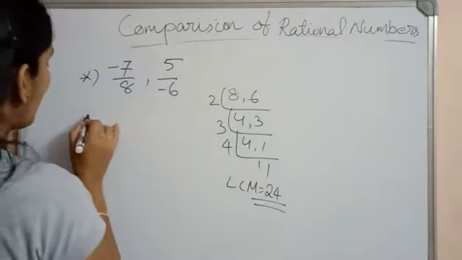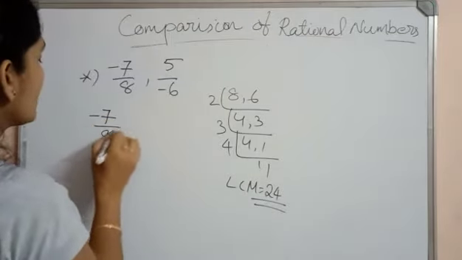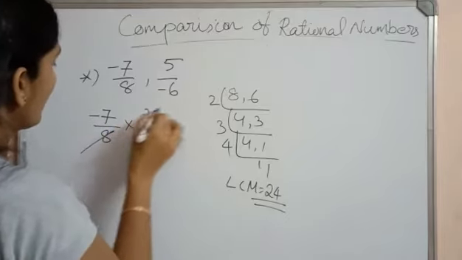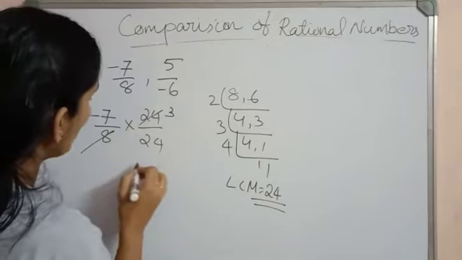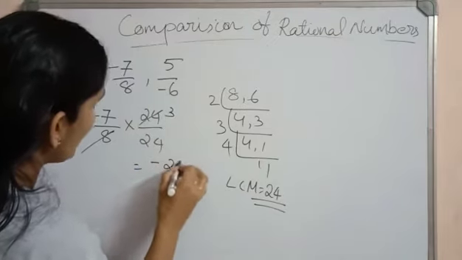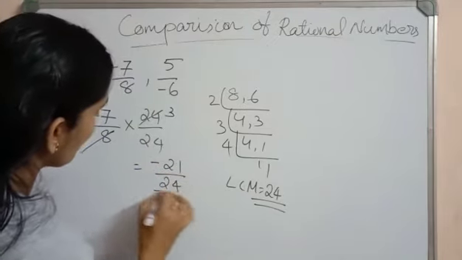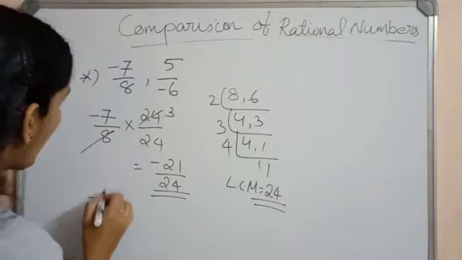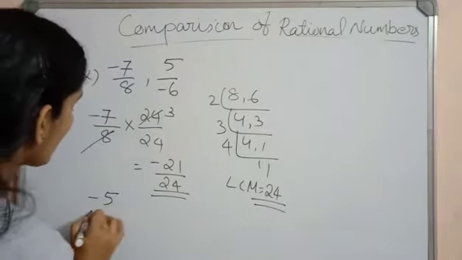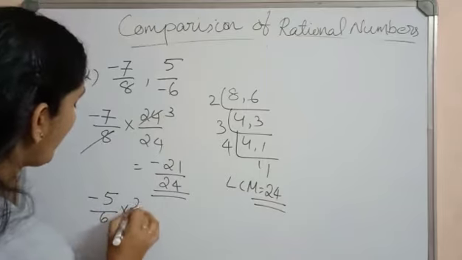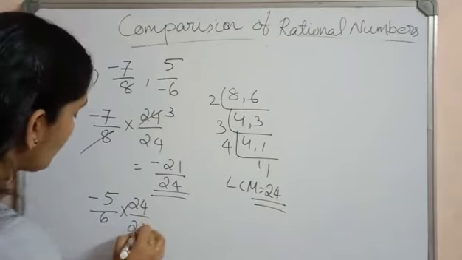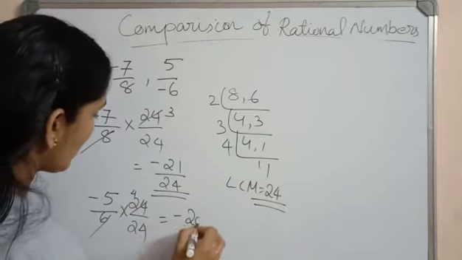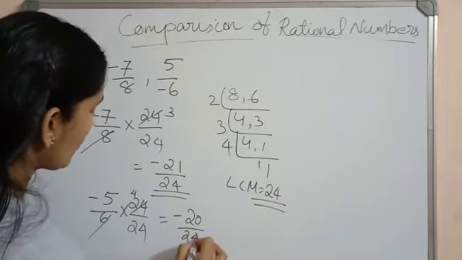When you multiply minus 7 by 8 with 24 by 24, we get minus 21 by 24. And the next number, 5 by minus 6, can be written as minus 5 by 6 into 24 by 24. That is equal to minus 20 by 24.